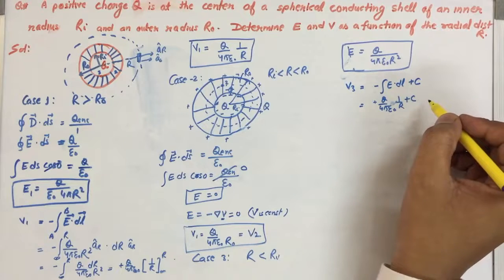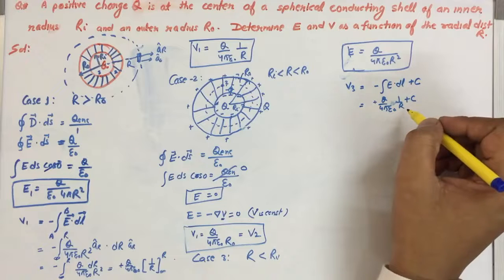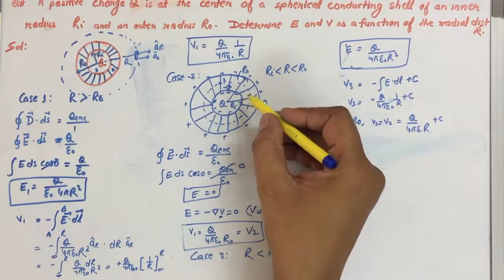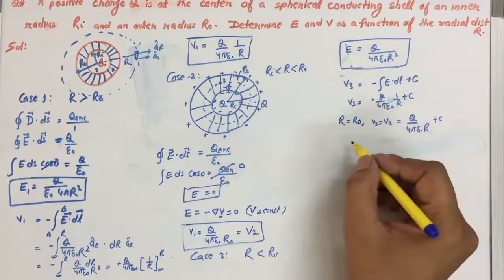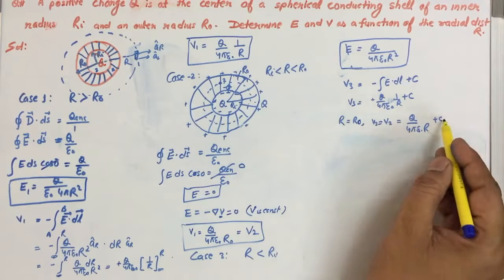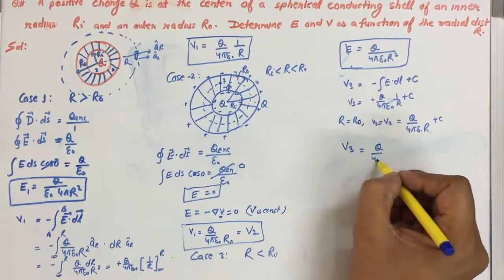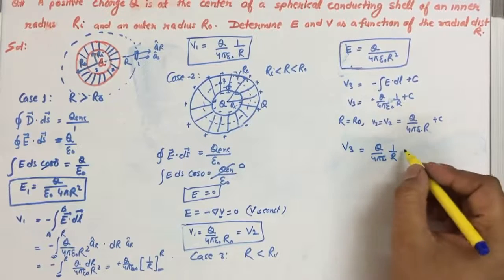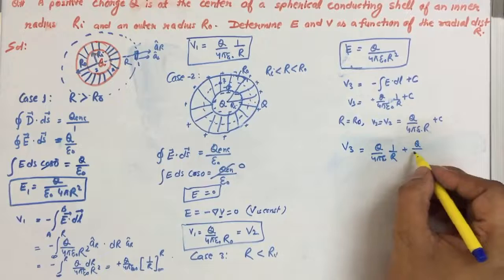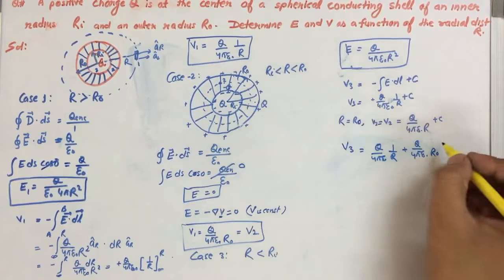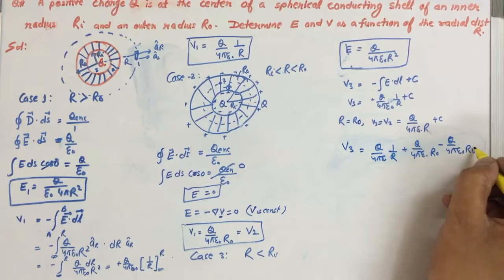So from here, let us put the boundary condition. Now applying the boundary conditions, when our point of interest is here and inside, we will find the value of C, and when we put it here, we will find V3 will be equal to q by 4 pi epsilon naught 1 by r plus C, that will be q by 4 pi epsilon naught r naught, the full radius, minus q by 4 pi epsilon naught ri.